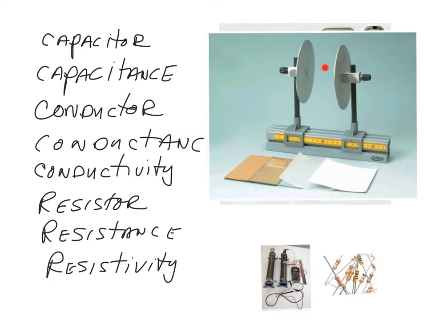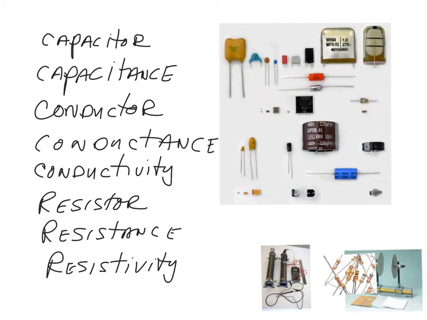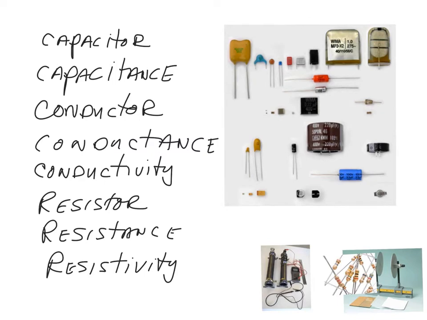So a basic idea of a simple capacitor is this, but in practicality, when you see them in circuits, they're going to look like this, and you don't see the plates. So the plates are inside these devices, or in the case of these cylindrical capacitors, they're foil wrapped up.